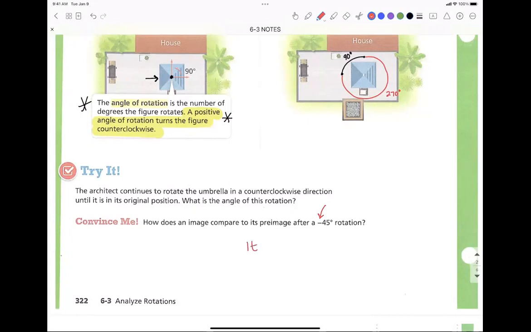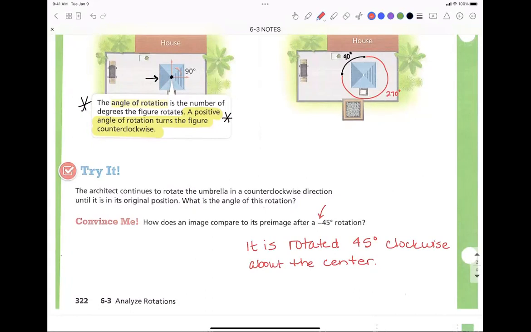It is rotated 45 degrees clockwise about the center. Did I properly describe a rotation? Did I mention the degrees?